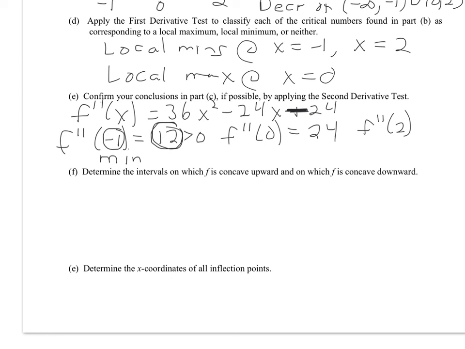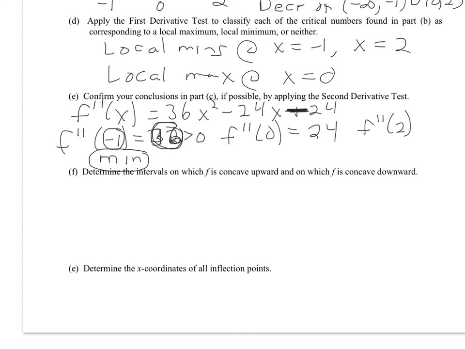So let's see, does that change our conclusion here at negative 1? Let's see, 36 plus 24 minus 24. I guess this answer should have been 36, not 12. Okay, well, sorry about the mistake there, but still a positive number, so same conclusion. We've got a minimum at x equals negative 1.